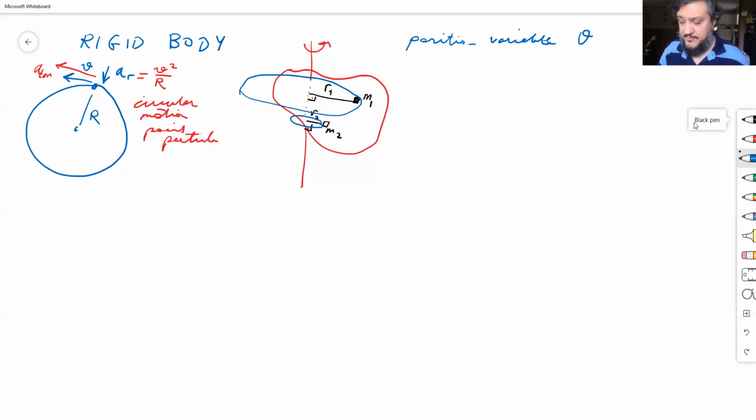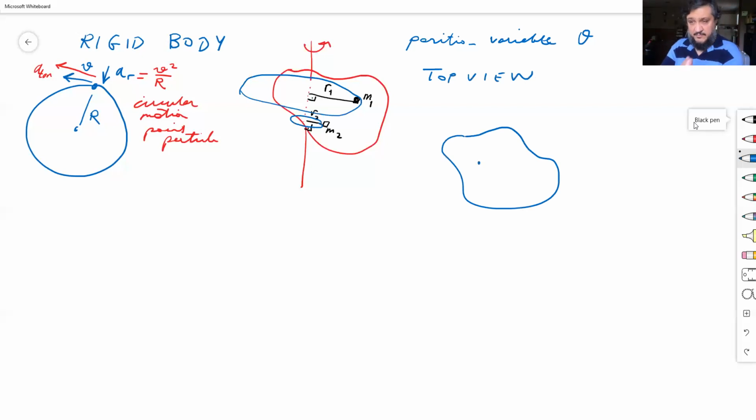So let's look at the top view of this picture. The top view is, again, some arbitrary shape, depending on what the original shape is. And here's your axis. Now the axis here comes out of the whiteboard towards you, let's say, and the rotation is counterclockwise. So here's the side view, but now we have the top view.